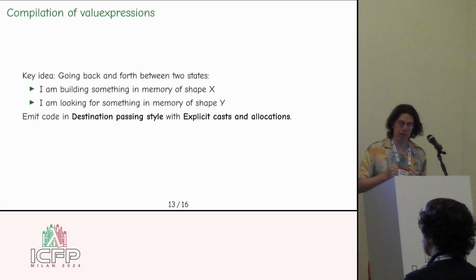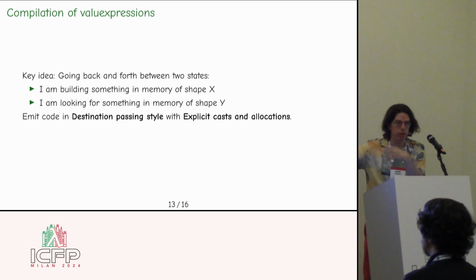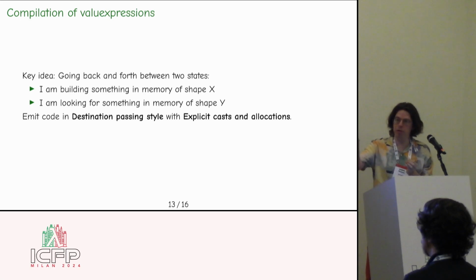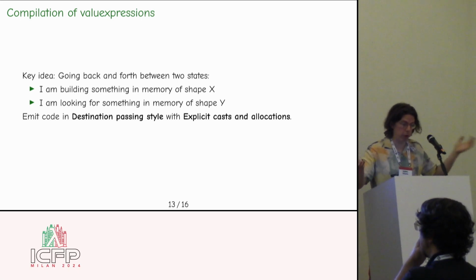One state is I am building something in memory of a given shape, and I know this shape because I have the memory type. And so I will try to build all the structure, allocate the stuff in memory, and so on and so forth. And then at some point there is some bit that is not known, and so I need to go look for it.